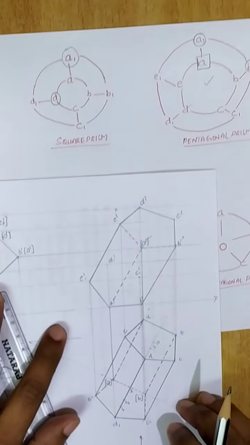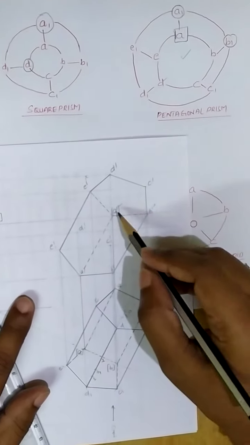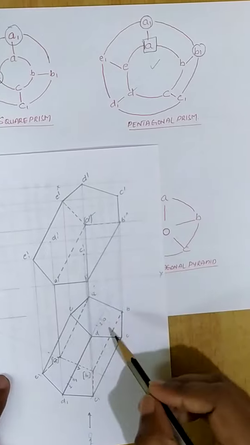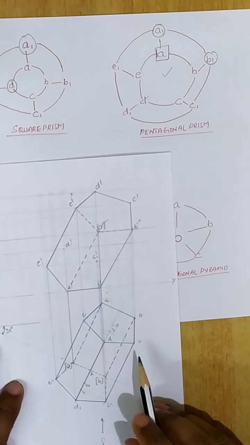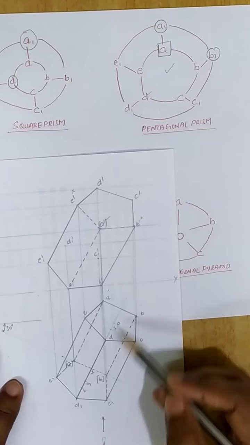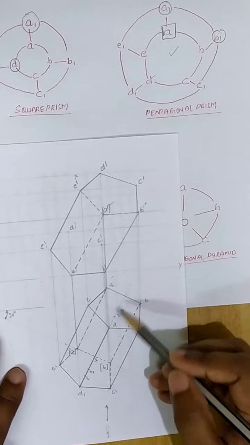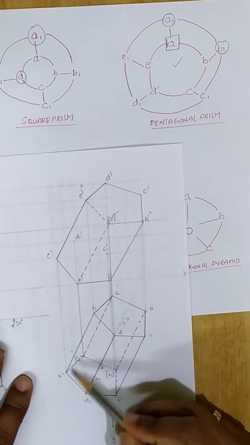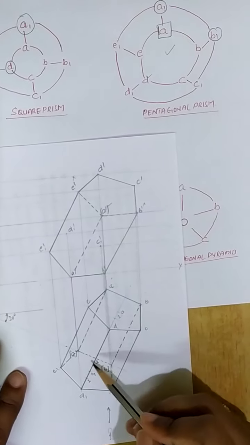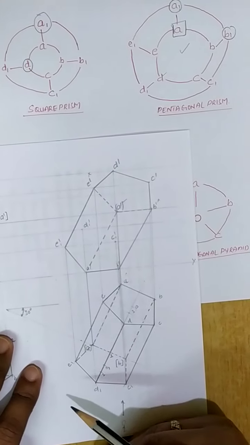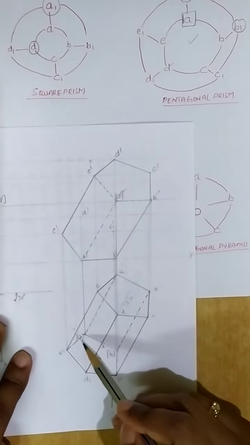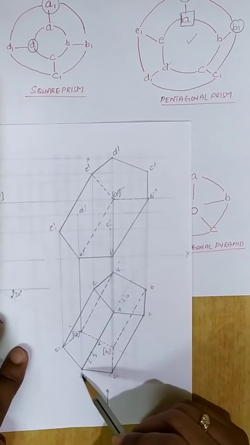What is my next step after drawing the dotted lines for the hidden corner? I need to consider this figure again. In this case I will have 2 pentagonal faces. Among these 2 pentagonal faces, one is the top face and the other one is the base. The face which is away from the XY line is the base, with namings A1, B1, C1, D1, E1.